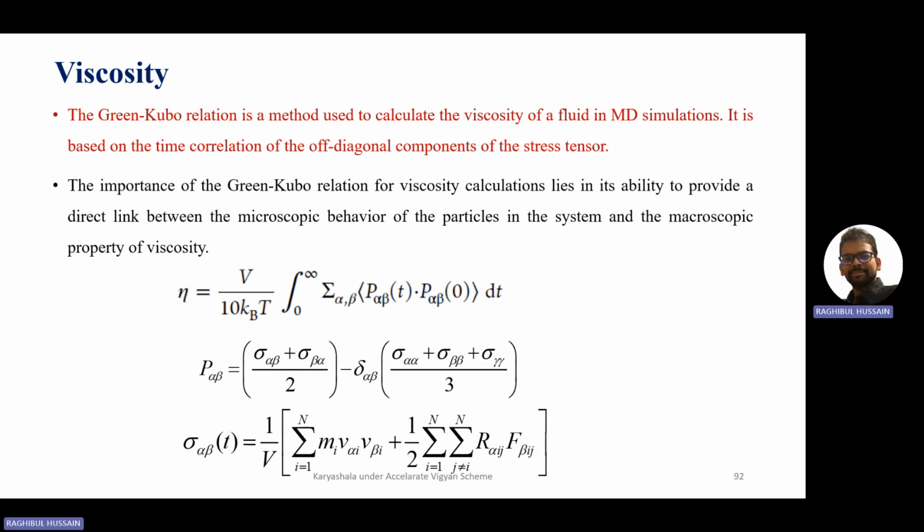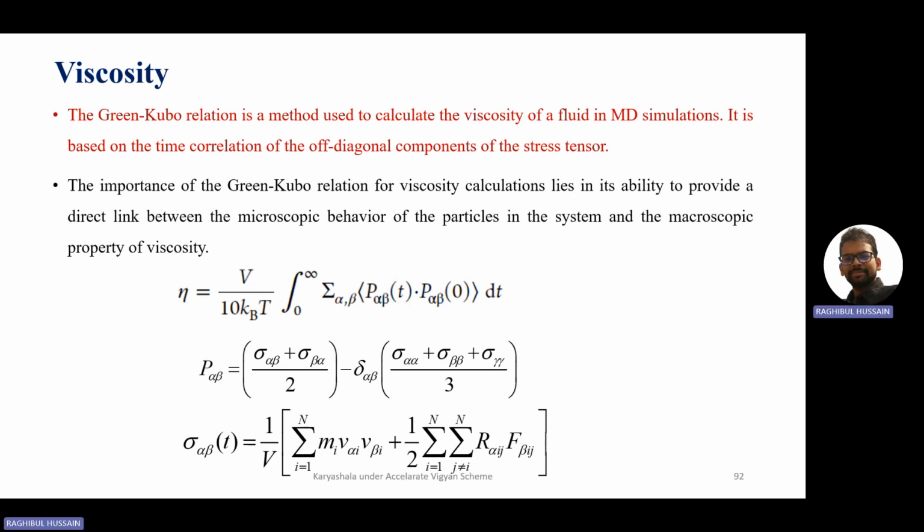Now, as I said, molecular dynamics will only give me the trajectories. It is your duty to convert those trajectories into a particular observable property. This has only come to balance the unit of viscosity from here.